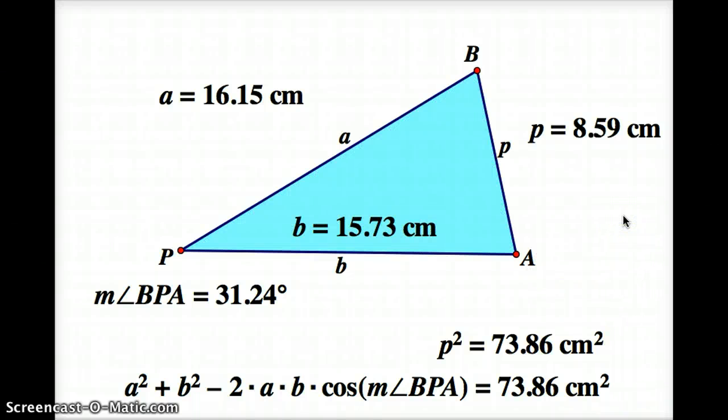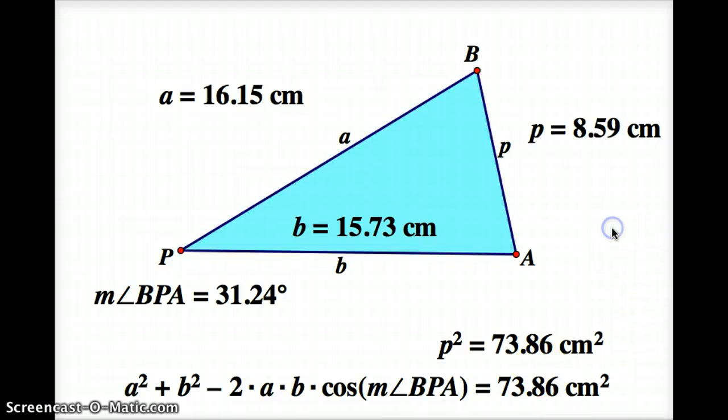So let me verbalize the law of cosines. Given two sides and an included angle, the square of the third side is equal to the sum of the squares of the other two sides, that's right here, minus twice their product times the cosine of the included angle.